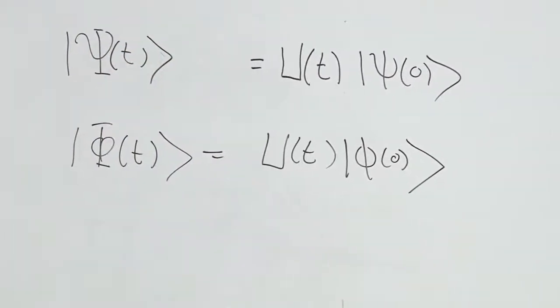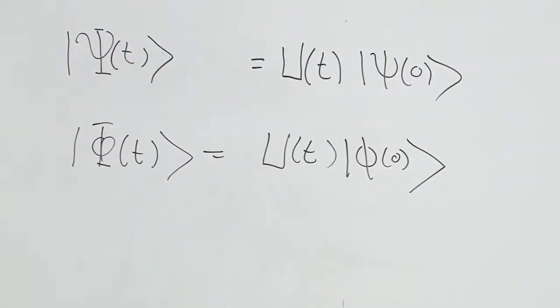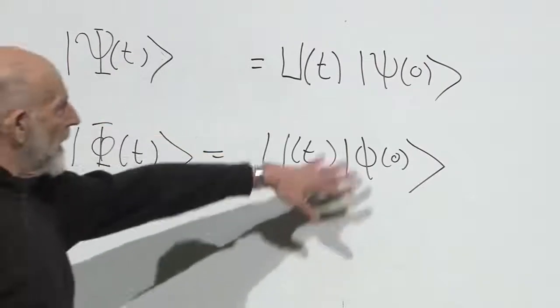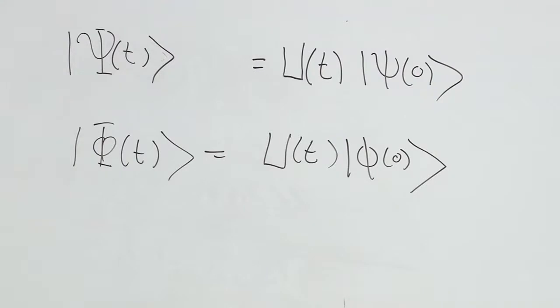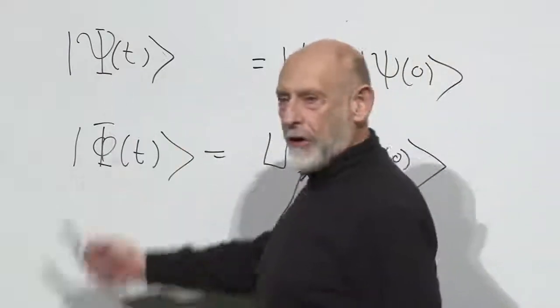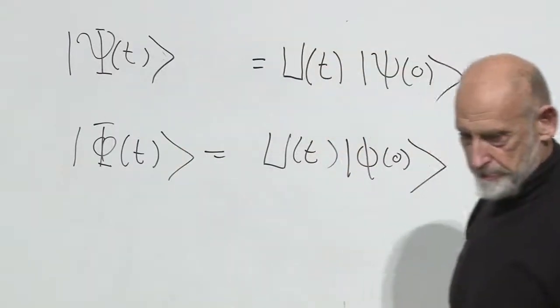Then, if phi, to begin with, is orthogonal to psi, in other words, if they're physically distinguishable to begin with, then they will remain orthogonal for all time.